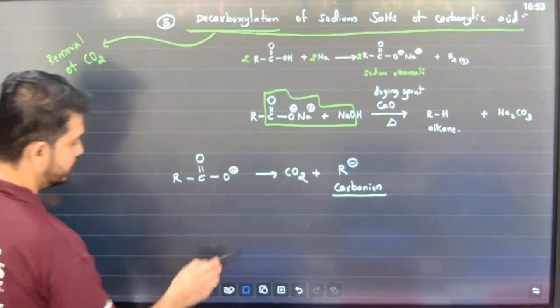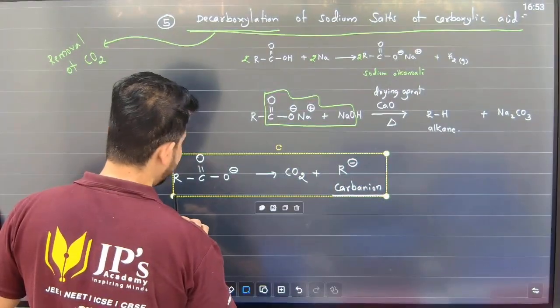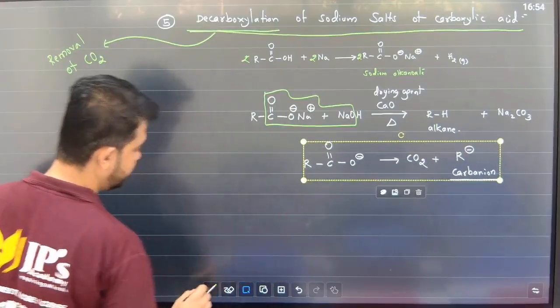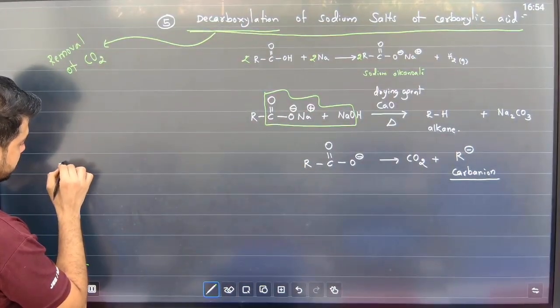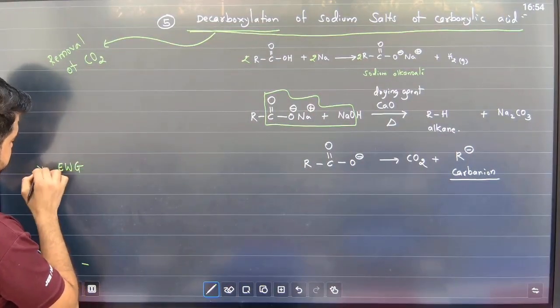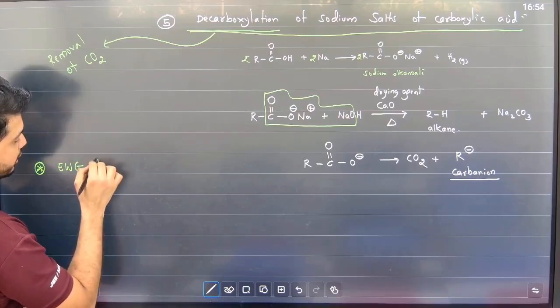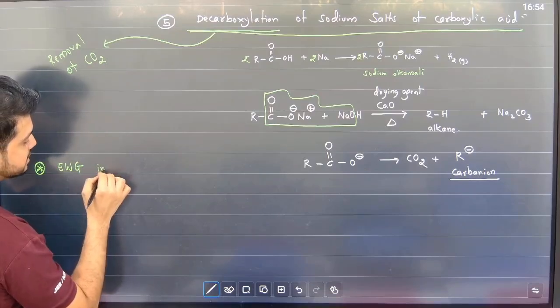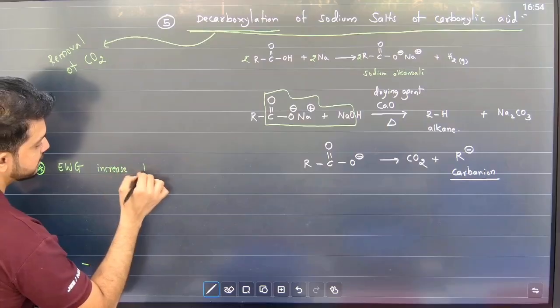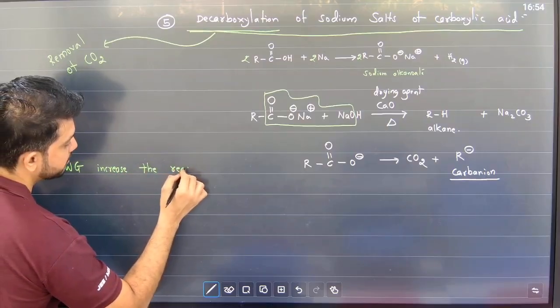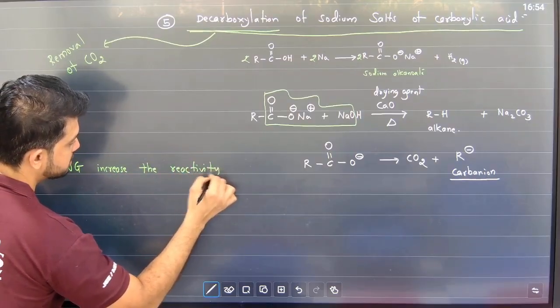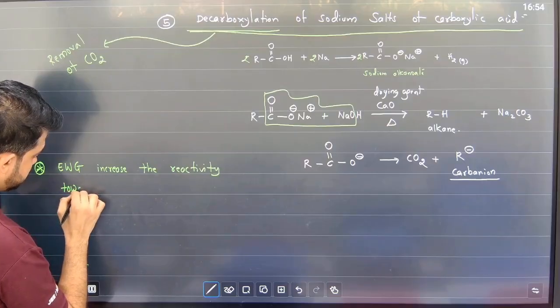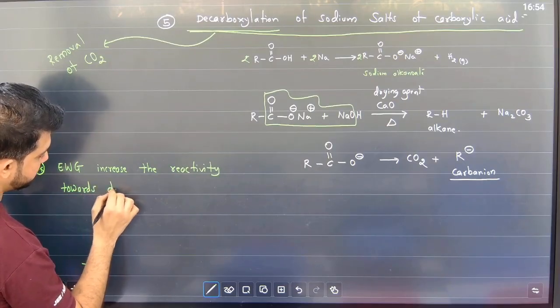Electron withdrawing groups, EWGs, increase the reactivity towards decarboxylation.